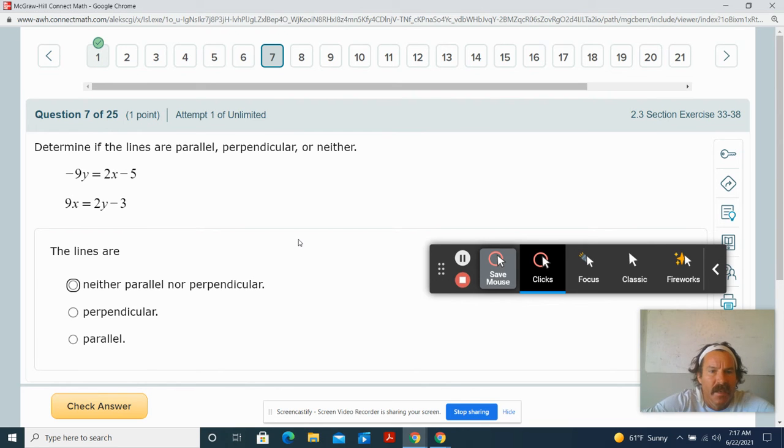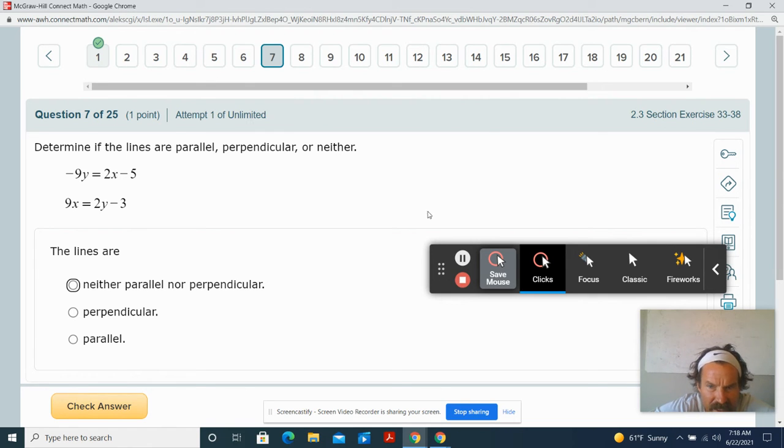So the first thing you're going to want to do is put them in slope-intercept form, because we need to find the slopes of these lines. Remember we talked about parallel lines have the same slope. Perpendicular lines have opposite reciprocal slopes. And if they're not the same slopes or opposite reciprocal slopes, then they must be neither.